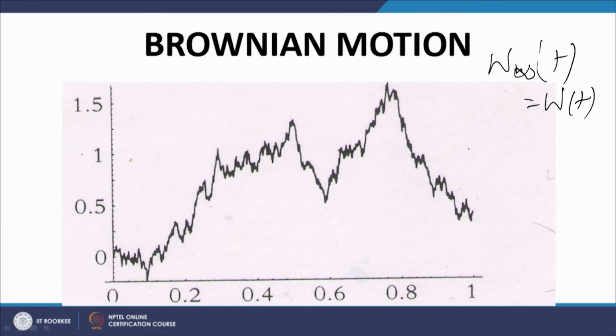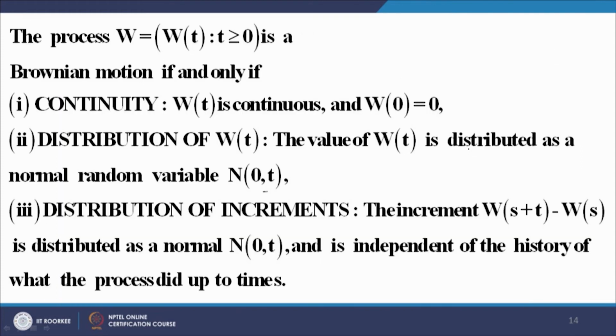You can see from the diagram that the lines are continuous, but the lines are so jagged that at any point you take on this process, you will find that it is not differentiable. Therefore, this is a special process where it is continuous, but nowhere differentiable.